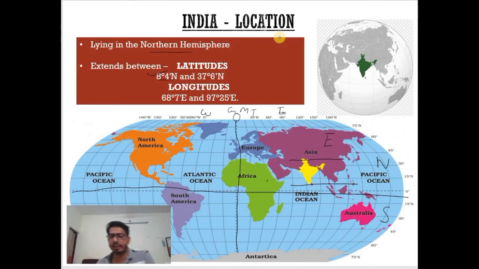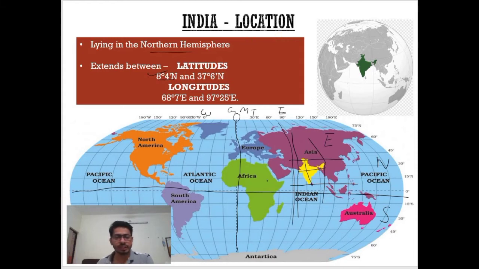Both of these are latitudes. And these are longitudes. There is one longitude, 68 degrees 7 minutes east, passing from Gujarat, and another longitude which is passing from Arunachal Pradesh. This distance you need to understand.